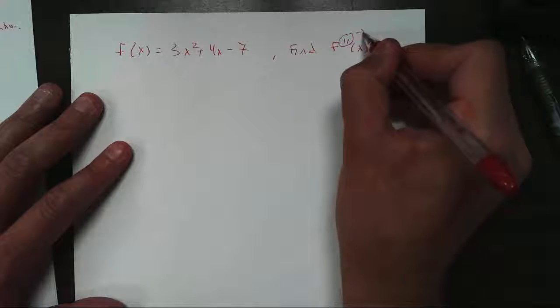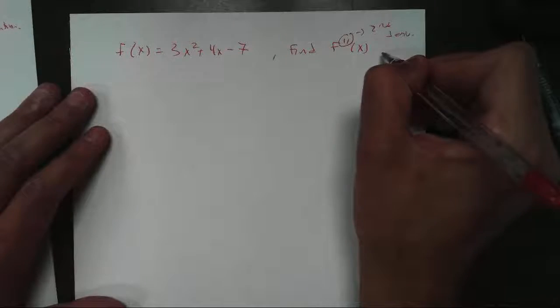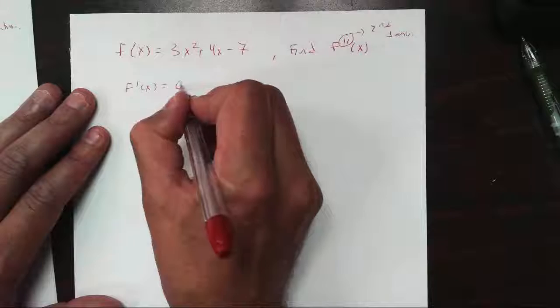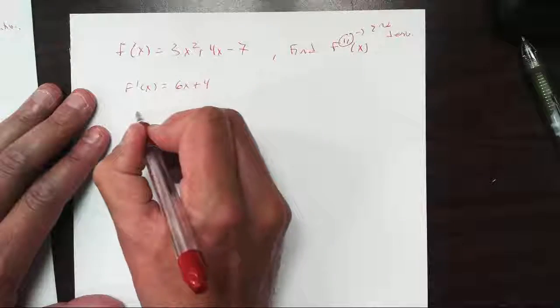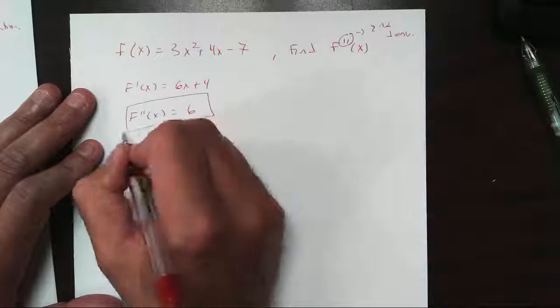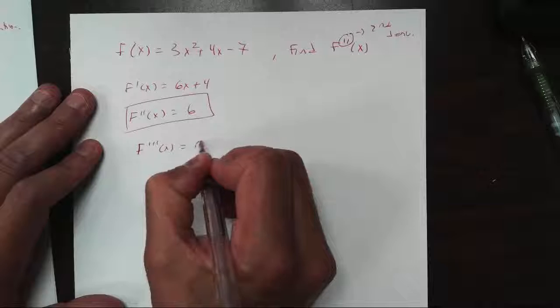Well, this f double prime just means I want the second derivative. Now in physics we call that acceleration. So I find the first derivative, easy peasy, 6x plus 4. My second derivative, I just do it again, 6. Now there's my answer. But if I keep going, I take the third derivative, I get 0.